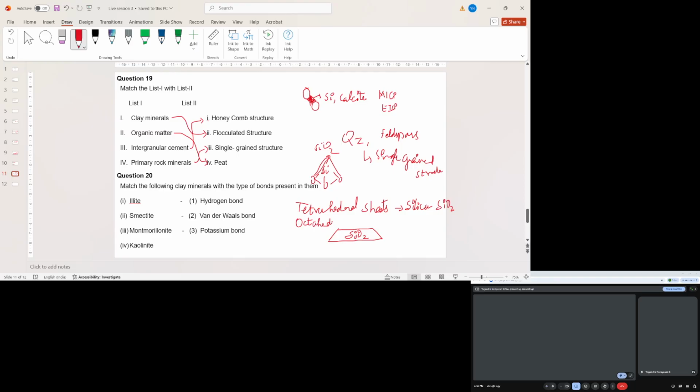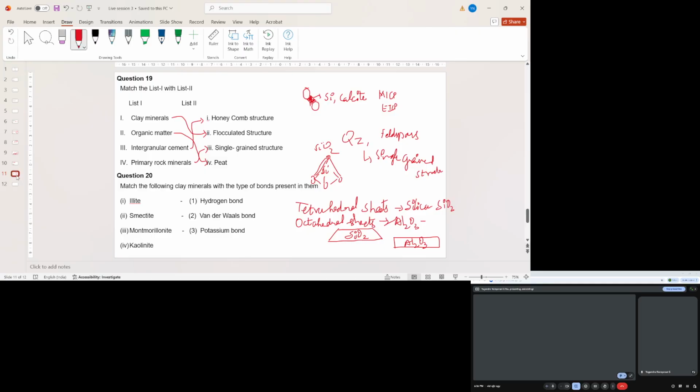Octahedral sheets are essentially alumina sheets, denoted by a rectangle, Al2O3.